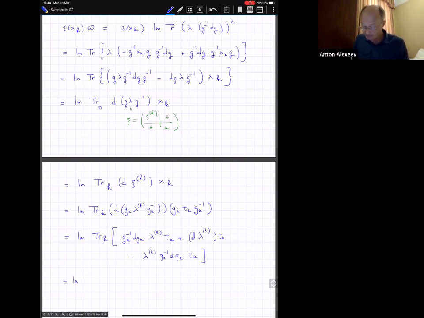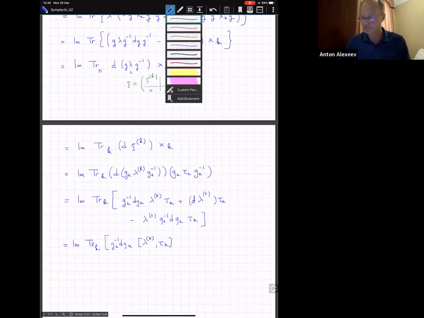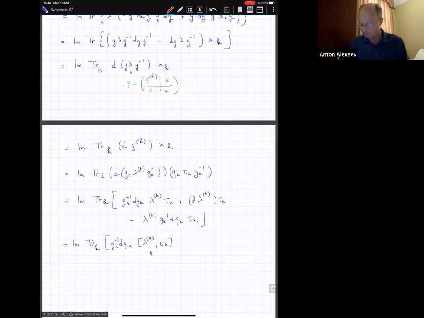Well, this is equal to imaginary part, trace k, and here g_{k-1} dg_k, and here actually you have a commutator of lambda k and tau k. But remember, they are both diagonal, whatever they are. So this commutator is simply 0.